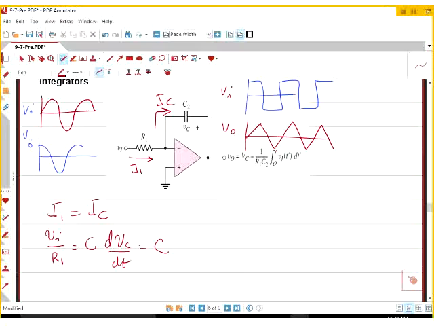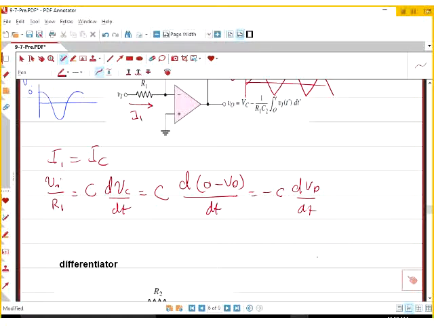So C d(0 minus VO) over dt, which is minus C dVO over dt. If I integrate both sides and just play with those variables, I have minus 1 divided by RC integral of VI dt.